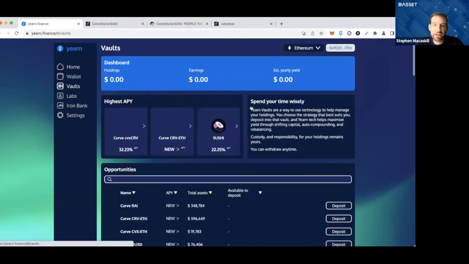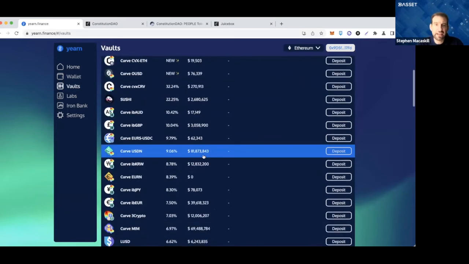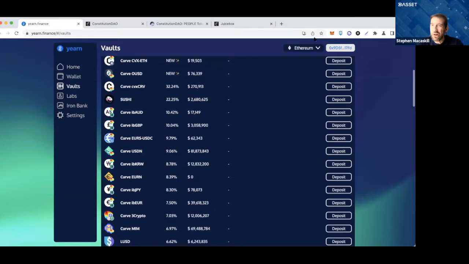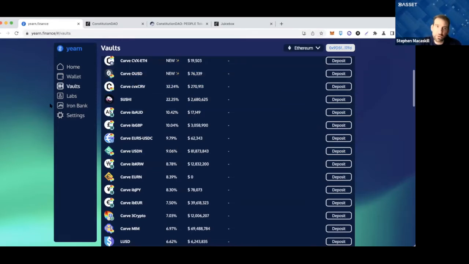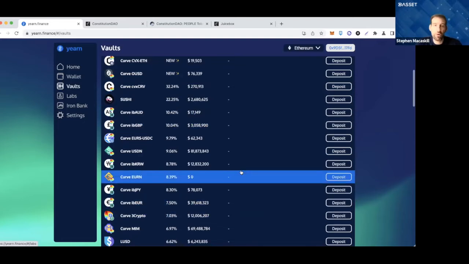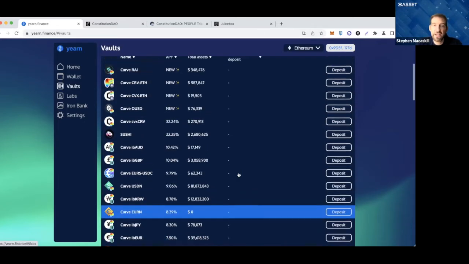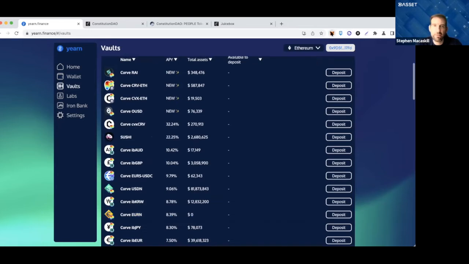So that's what I wanted to show you, how some of these vault strategies work and how you can interact with them. This is no endorsement of the tools and not an endorsement of Yearn Finance, but more a demo or an example of some of the things that you can do on the Ethereum network.